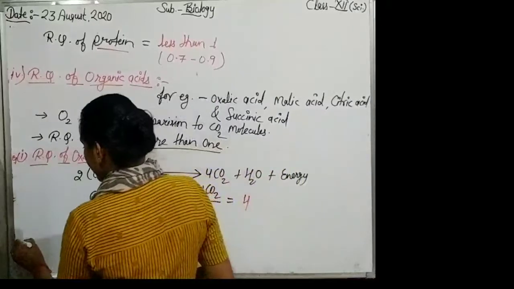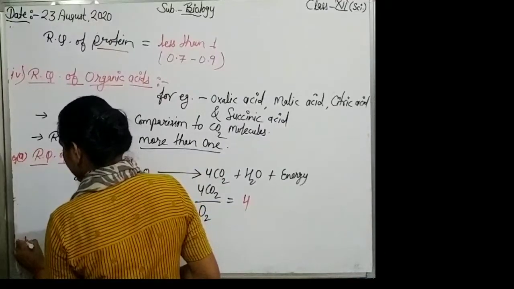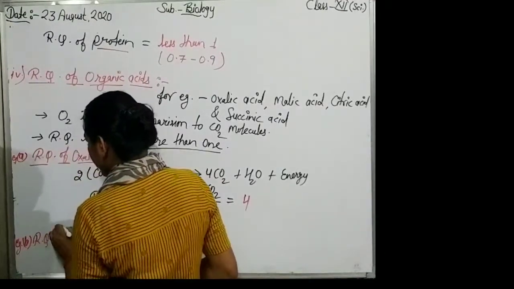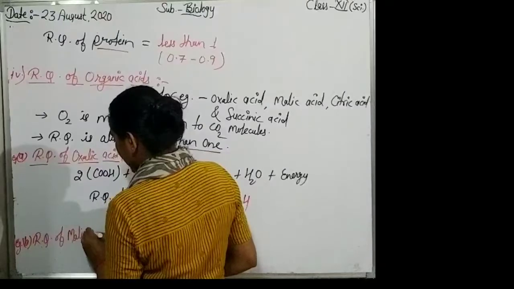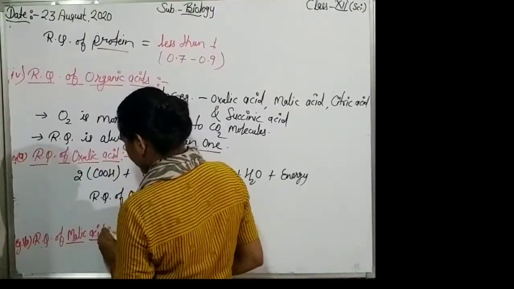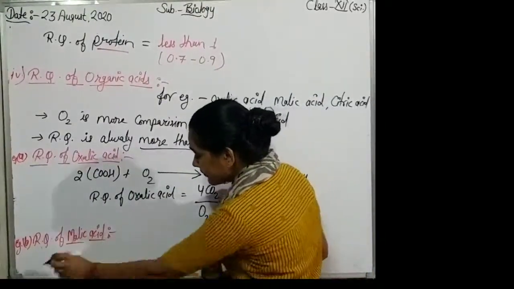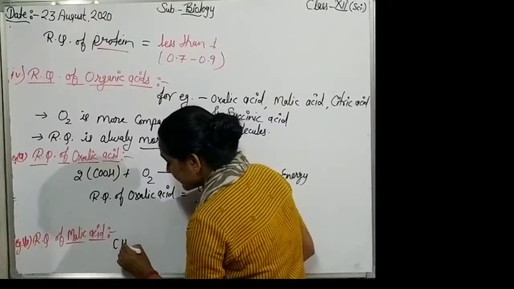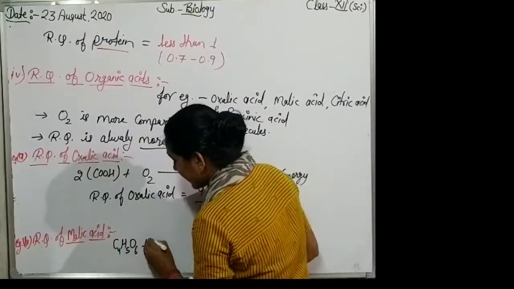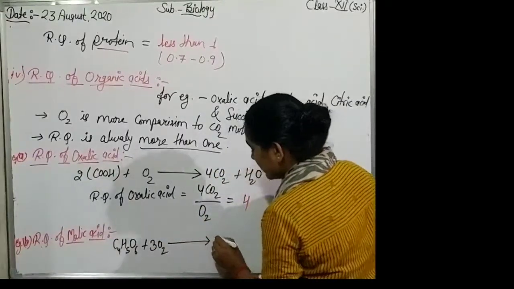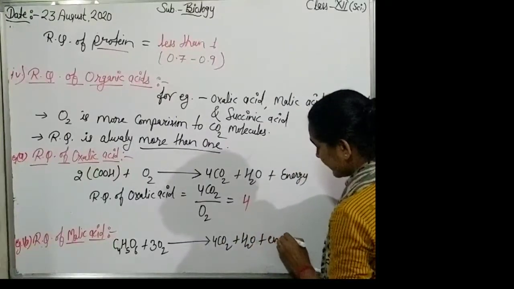Now example second, RQ of malic acid. RQ of malic acid is 1.33. C4H5O6 plus 3 O2 gives 4 CO2 plus H2O plus energy.